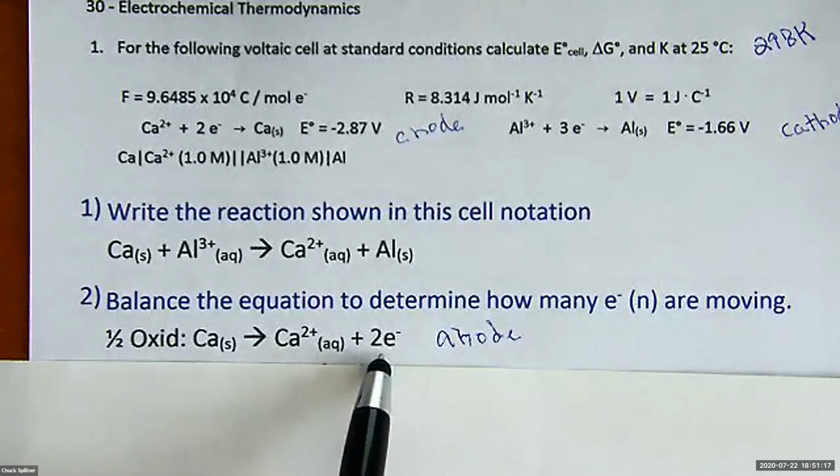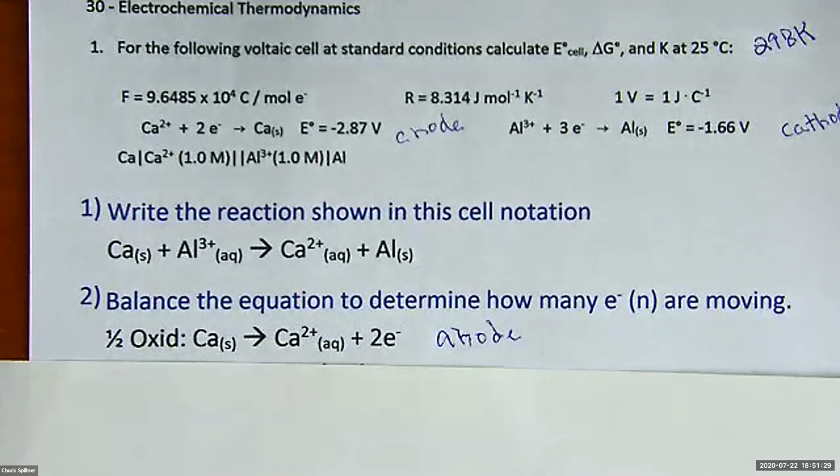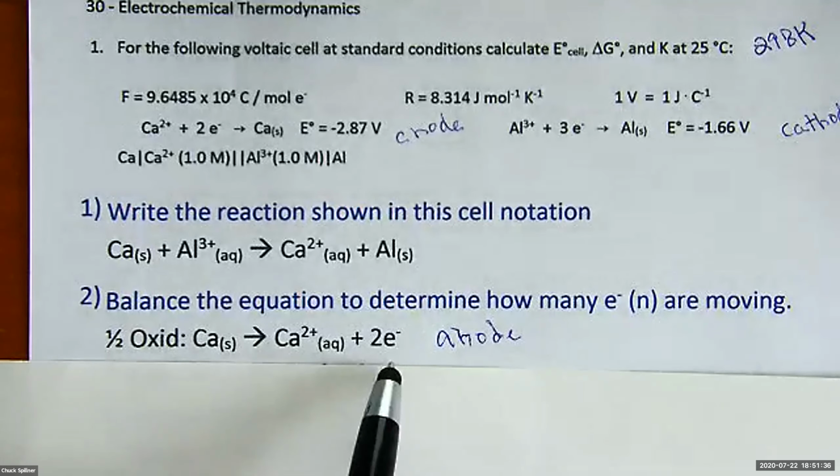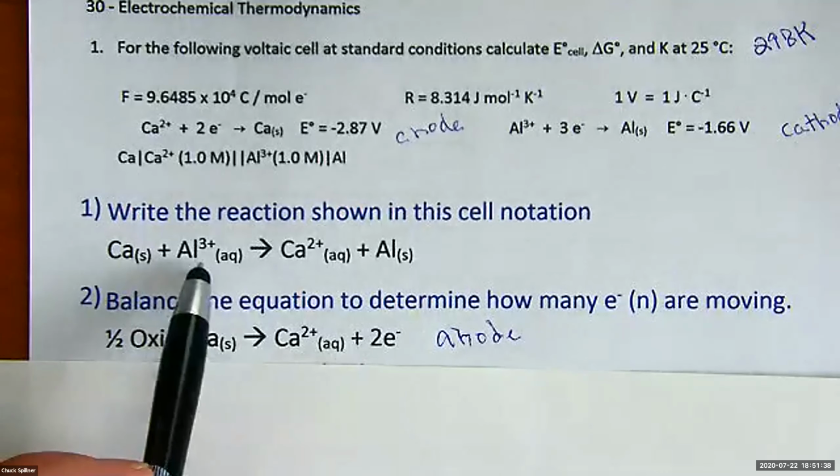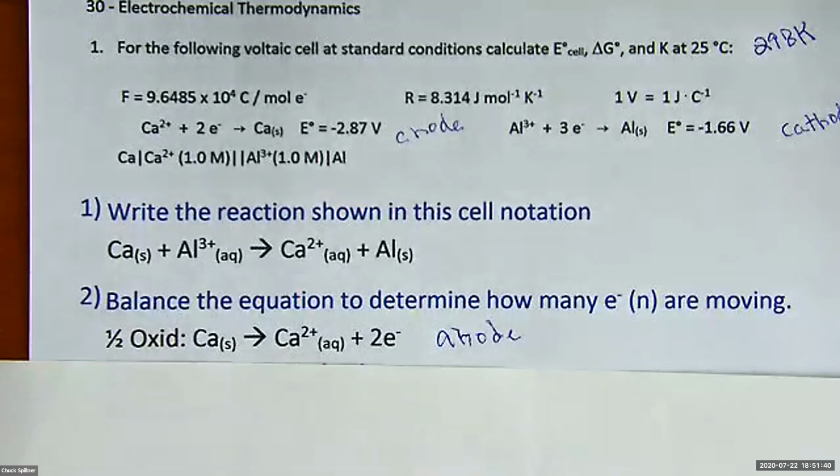So these electrons leave the anode, go through the wire, and arrive at the cathode. When they get to the cathode, they combine with the aluminum 3+ to make aluminum. But we're losing 2 electrons. Aluminum needs 3. So right away, it's not balanced.